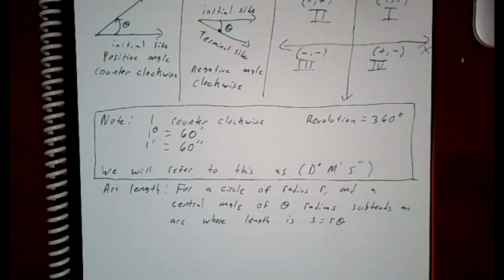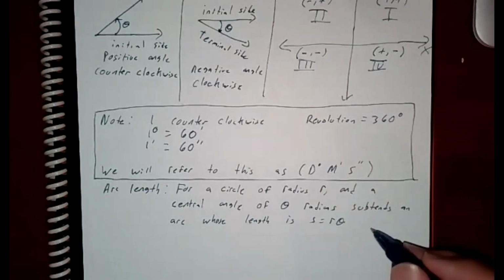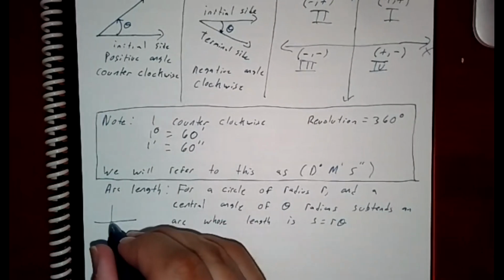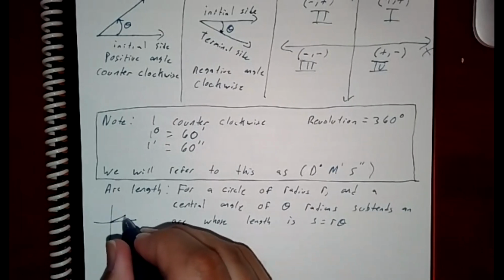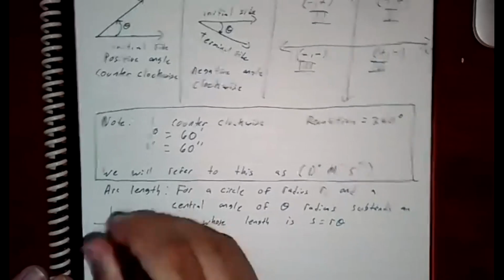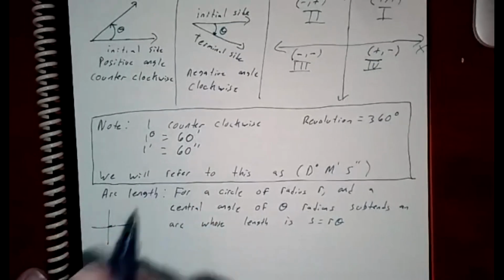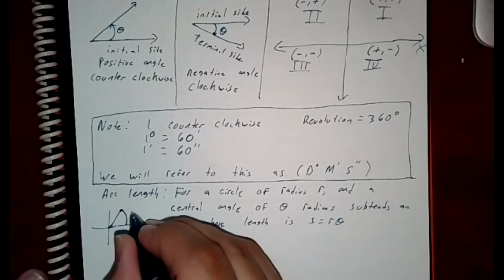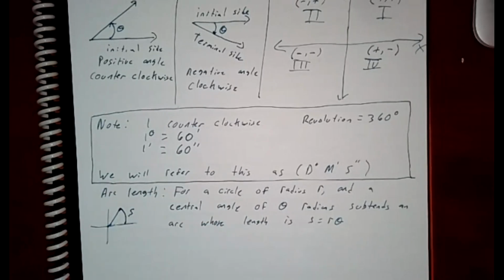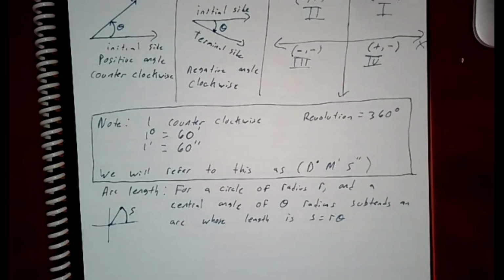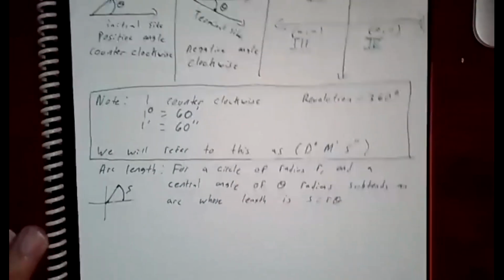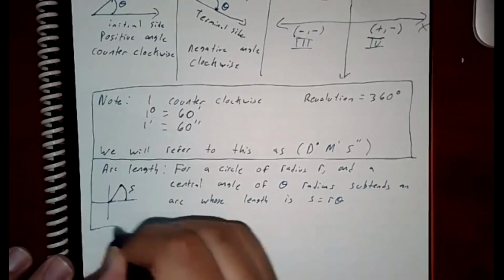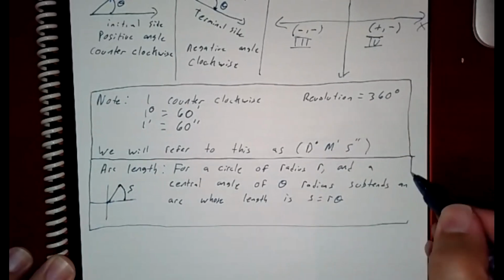So arc length is basically the distance around the circle. Let's say you have some radius. Actually, let's make it a little further. Let's say you go all the way out here. So this distance right here, that's S. That's my arc length. So just how far did I sweep across? That makes sense. So that's what this S is referring to. We'll do some problems on calculating that a little bit, but let's write down all our formulas first.